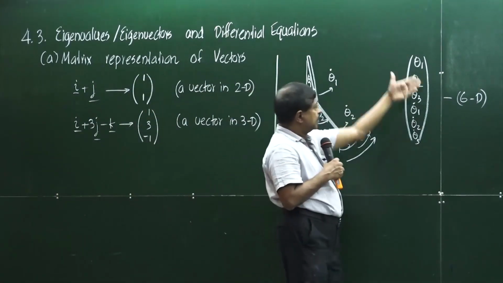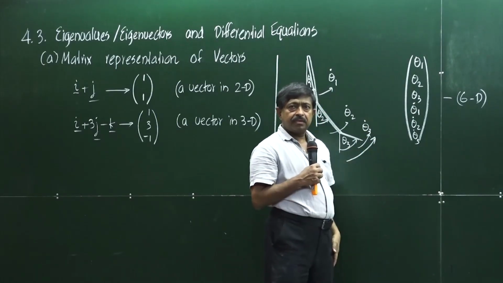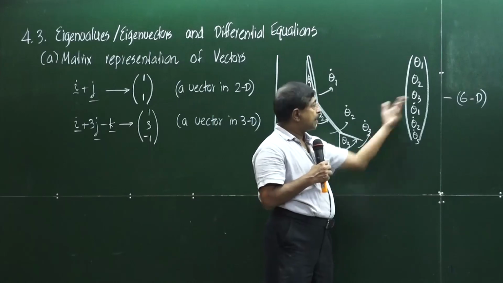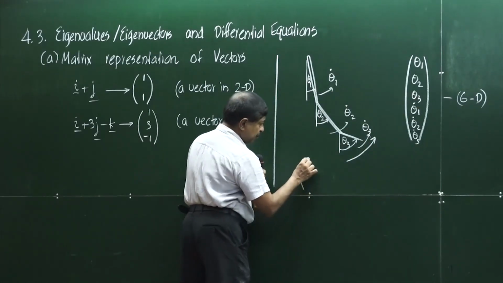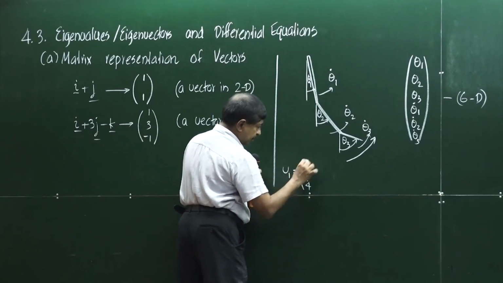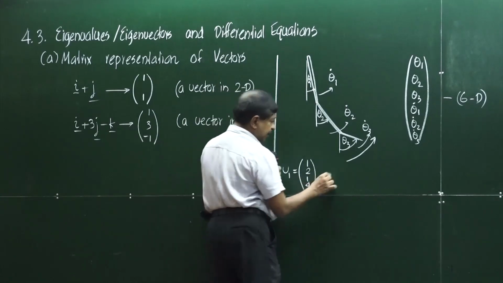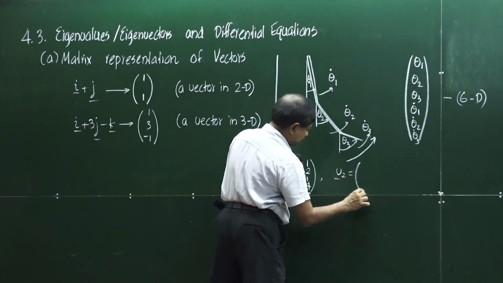Like here, this is a vector in 6-dimensional space. Very simple thing. You can add 2 vectors, right? Like this, for example, say this V1 is a vector from 4-dimensional space. Say this V2.